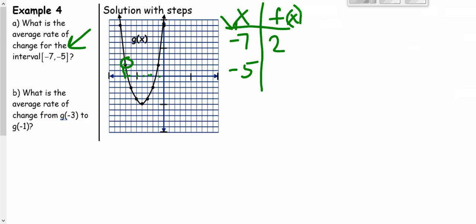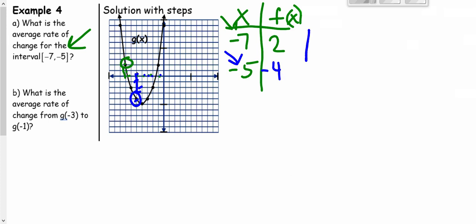For the second one, I'm going 5 spaces. So what do you get for an output for an input of -5? 1, 2, 3, 4, 5. I'm going to go down. There's my graph. So that's 1, 2, 3, 4. That's a -4.